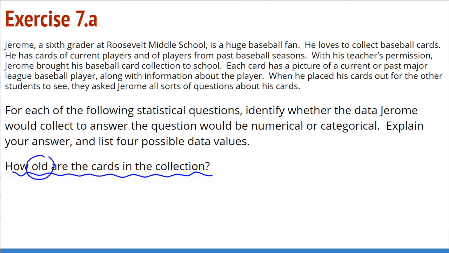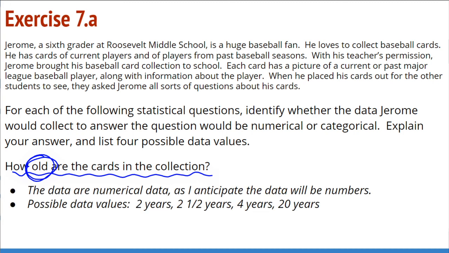Well, we measure age usually with numbers. So this would be numerical data. And if we were looking for some possible data values, we could have 2 years old, 2.5 years old, 4 years, 20 years, 50 years, 75 years, just a couple of months.